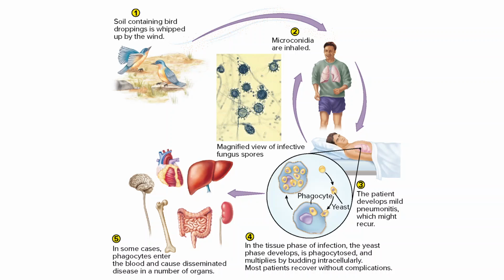Maybe they just felt like they had a cold and didn't think twice about it. But in other cases, as we had discussed, the phagocytes could enter the blood and carry these yeasts within them, and deliver them throughout different parts of the body, and so they can cause this disease to spread.